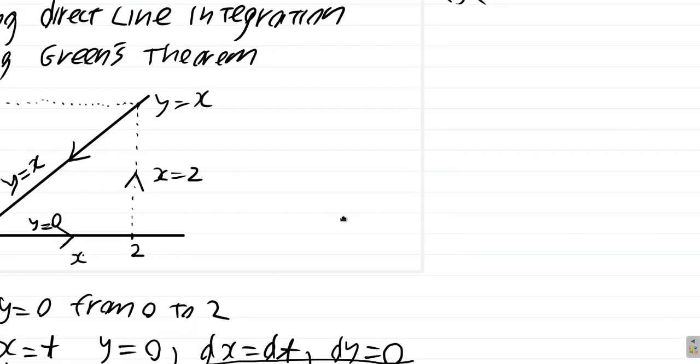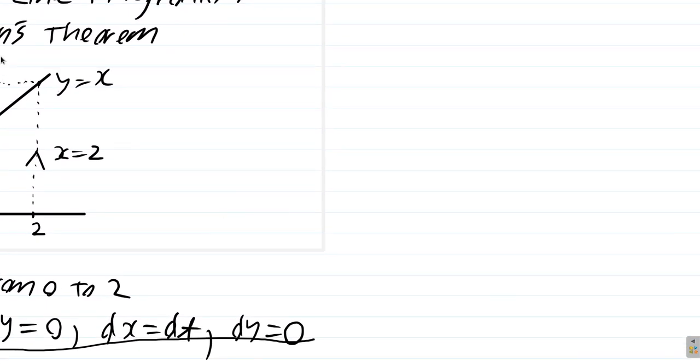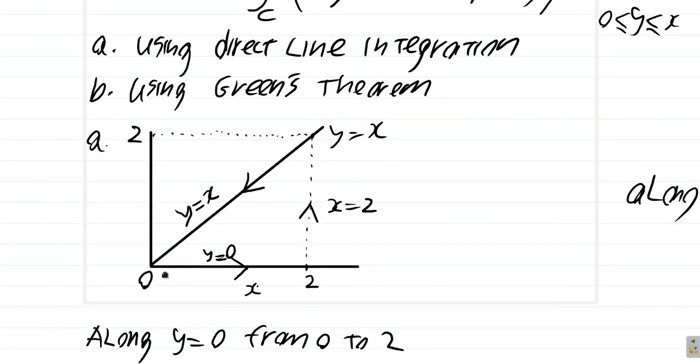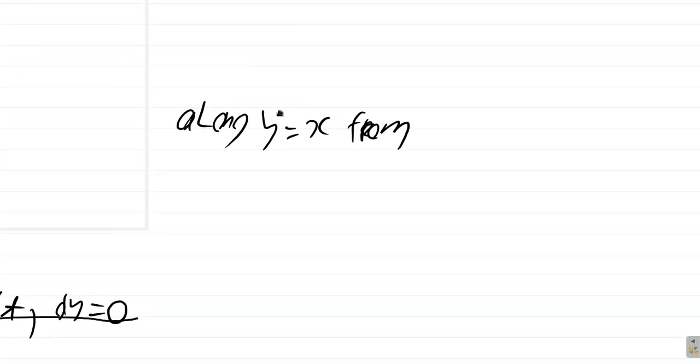Let's work on the right hand side here. We're going along y equals x from 2 to 0, not 0 to 2, because we have to follow the arrow. We're going around the region from 2 to 0.